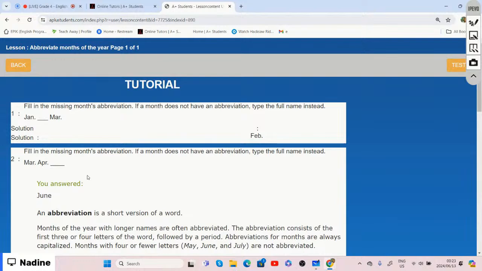So we have Jan, then we have a missing one, then we have March. So which month of the year is missing? What is after January before March?